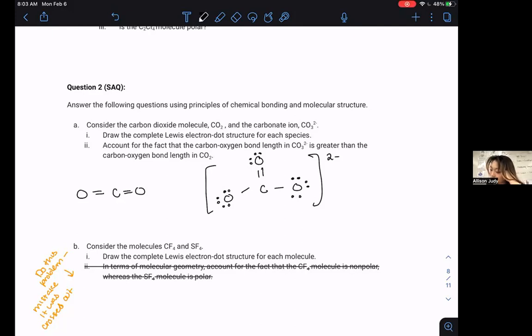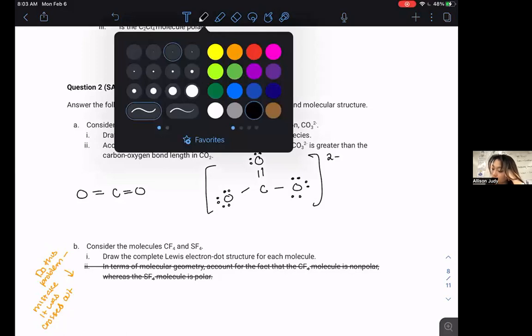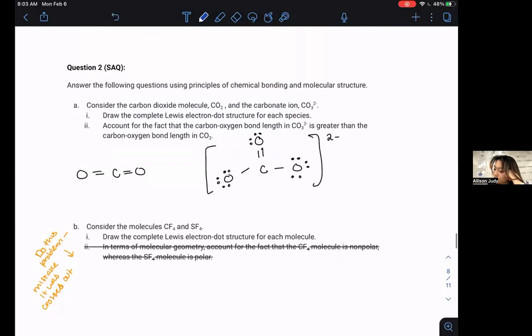And what I need to account for is why the carbon-oxygen bond length in CO3 2- is greater than the carbon-oxygen bond in CO2. So remember with bond length, the greater the bond length, the weaker the bond strength, and usually the lower the bond order.